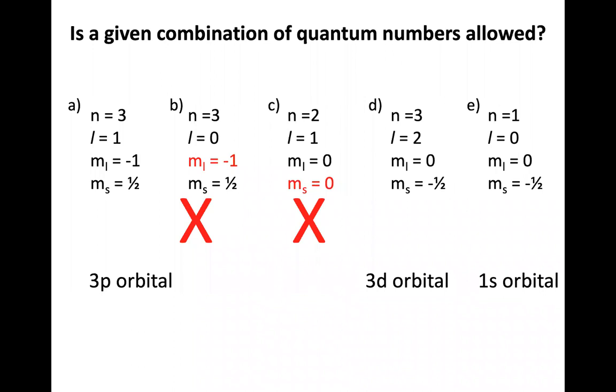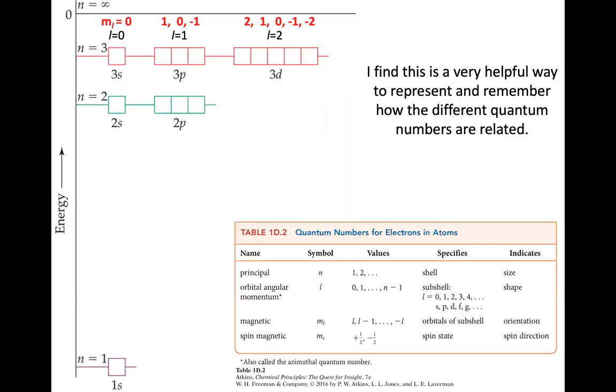This idea of thinking about whether it's allowed or not, which ones are in violation, is a really typical way this gets asked. And to me, I come back to this representation right here. I find this to be a very helpful way to both represent and remember how the different quantum numbers are related. I know these relationships in the table, but for me personally, I find this visual a really helpful way to see what the allowed values are.